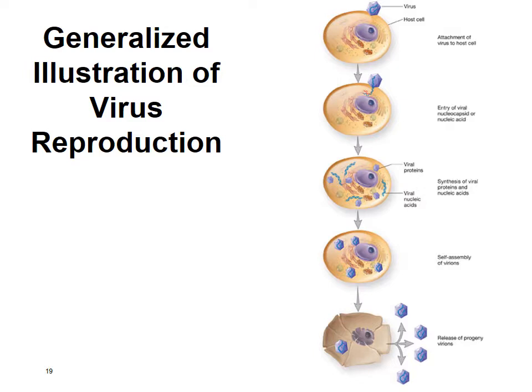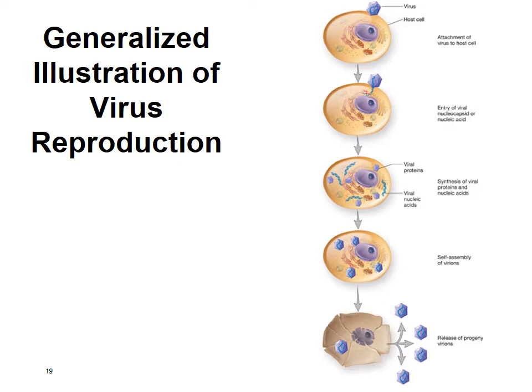The viral genome is then replicated and viral proteins are synthesized. New virions are then constructed by self-assembly of coat proteins with the nucleic acids. And then finally, in the last step, the mature virions are released from the host cell.